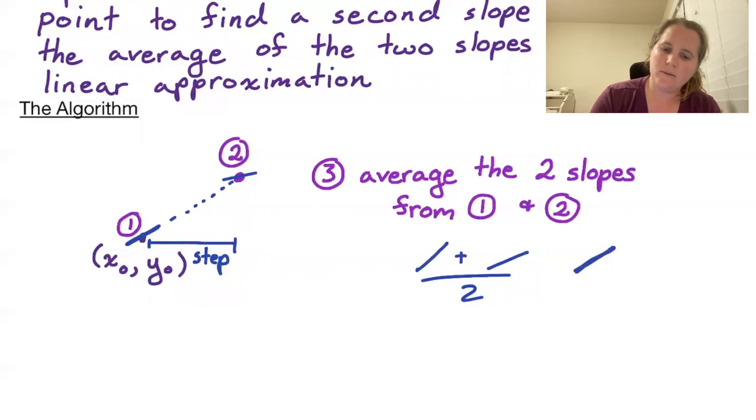So I'm going to do that one in a new color. And we're going to take that average slope and extend that. And then this will be our new point.